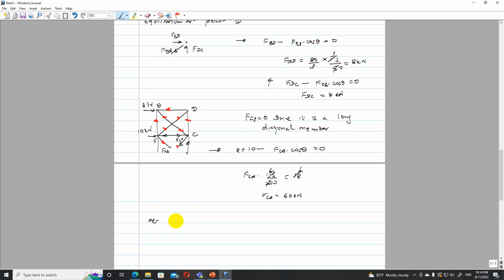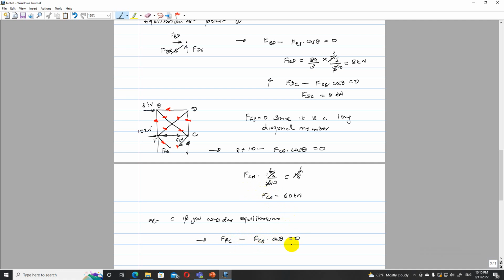At C, if you consider equilibrium, horizontally the force FC minus FCA cos theta is 0.